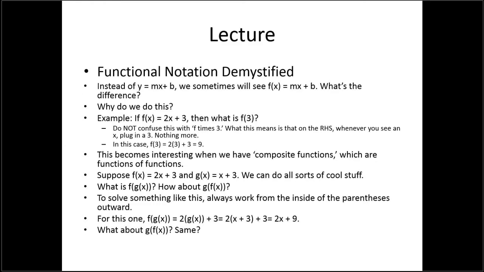It's more of a bookkeeping thing, but it's not unimportant. So if I ask you what is f of 3 here, wherever you have an x, you plug in a 3. Just don't be confused. Don't multiply it. Sometimes you see a 3 in parentheses and you think you need to multiply it out. All that means is you substitute for the independent variable with the number in the parentheses.